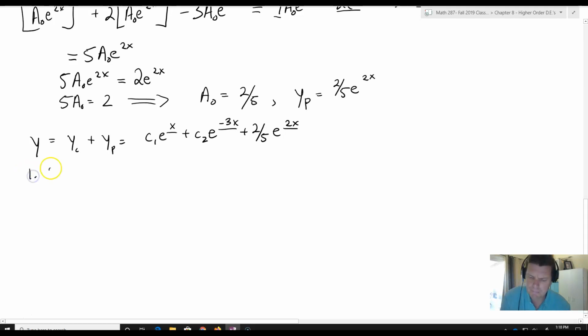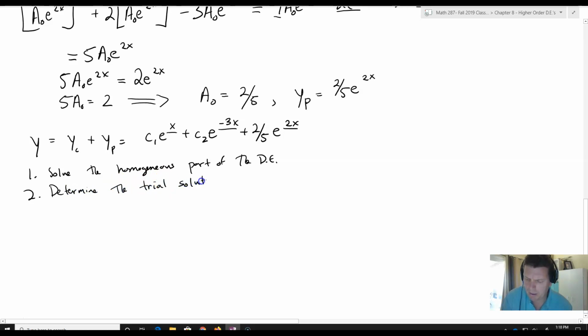So, one, solve the homogeneous part of the differential equation. Two, determine the trial solution by comparing the non-homogeneous yc to f of x.